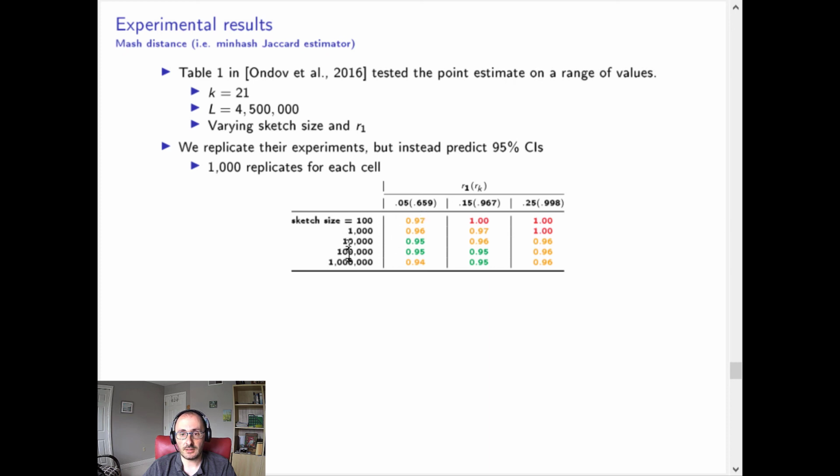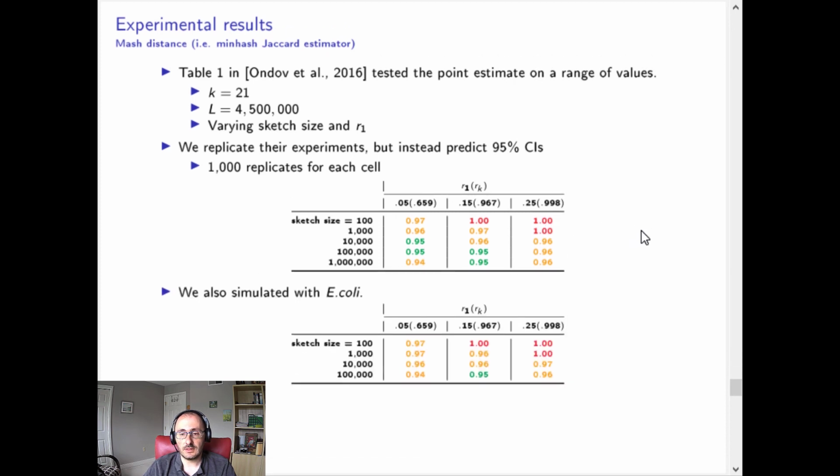And this was for varying sketch sizes and varying R1s. And again, we see we're doing pretty well, except for some small sketch sizes and more extreme values of R1. We also did this test with E. coli, a genome with repeats, and got similar results.